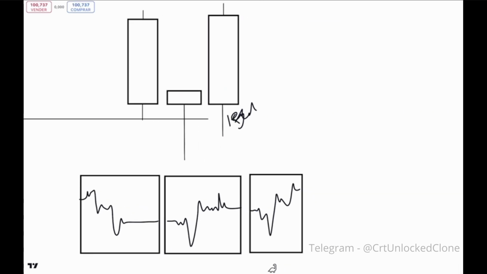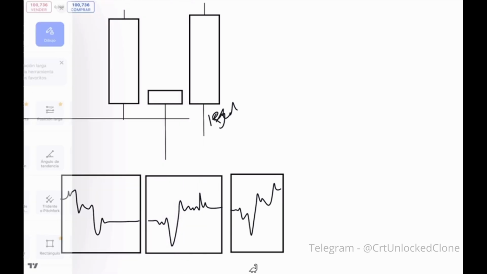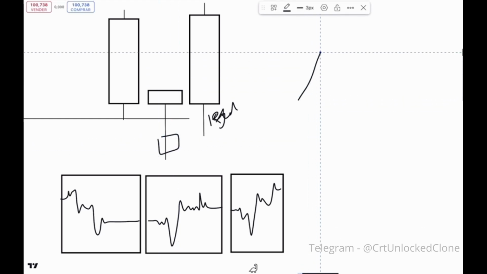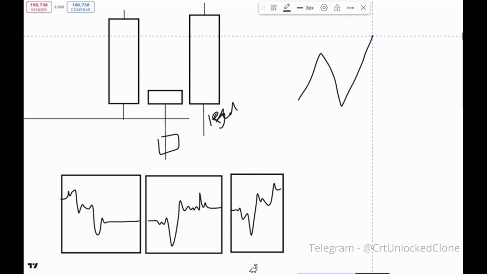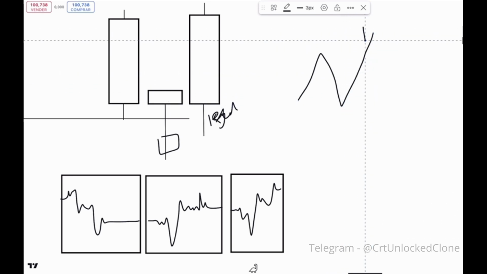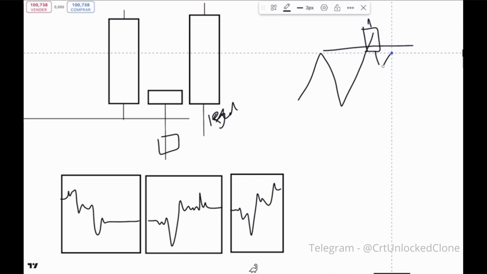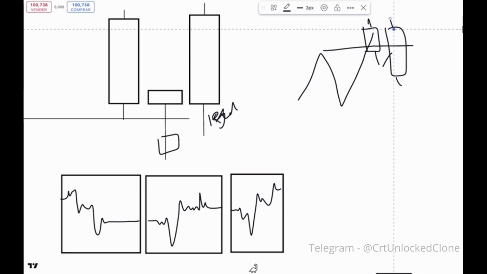Now, the entries are as follows. Model number 1 inside of this candle. What's that? You have a high, and then you have a turtle soup, and the thick up close candle that's stabbed into the old high is your entry. As soon as you close below it, then you're good to go.